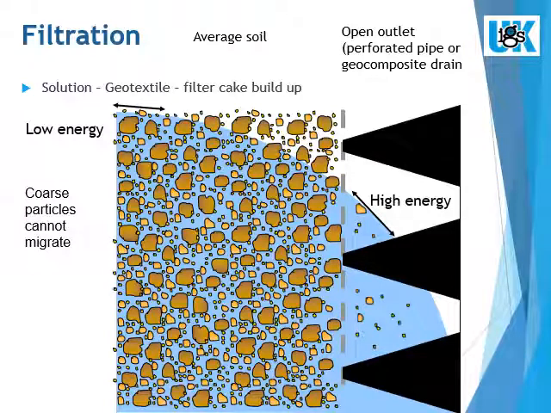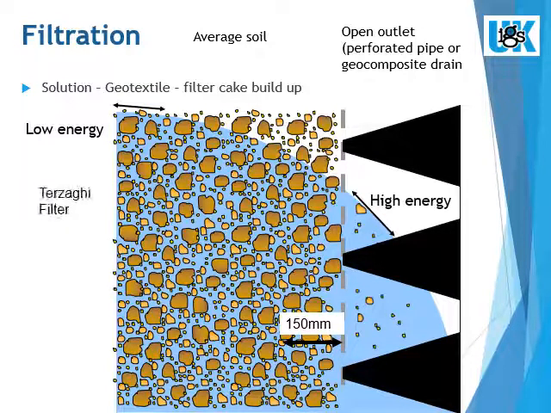Coarse particles cannot pass. This continues for a short time until a stable state occurs, where in an area about 150 millimeters from the interface, the particles filter each other back into the soil and there is little or no more particle movement. This is known as a Terzaghi filter. Water will then continue to flow over the lifetime of the drain in this stable state.